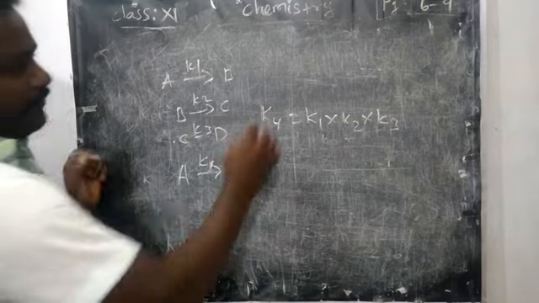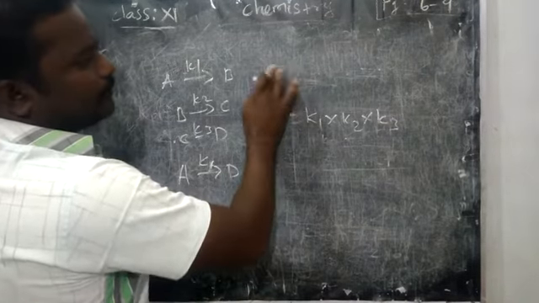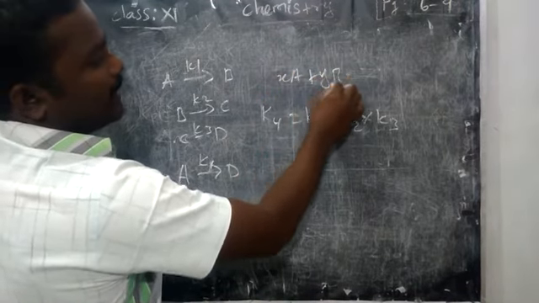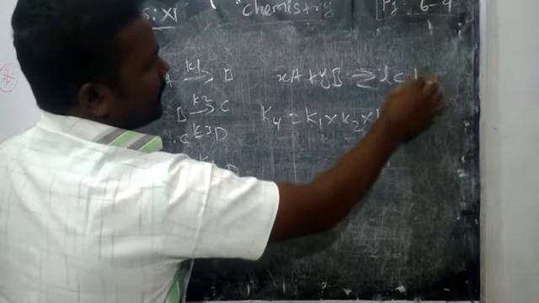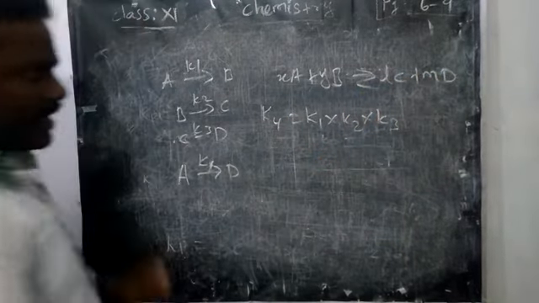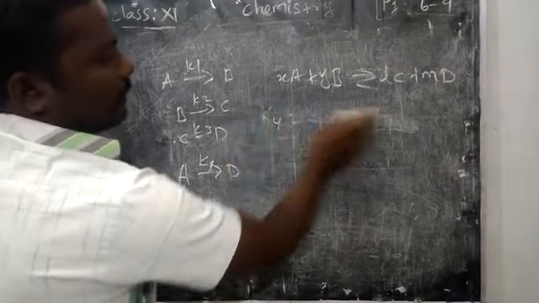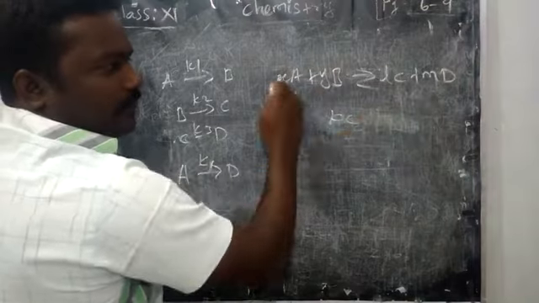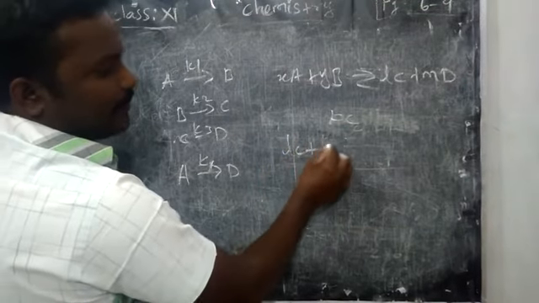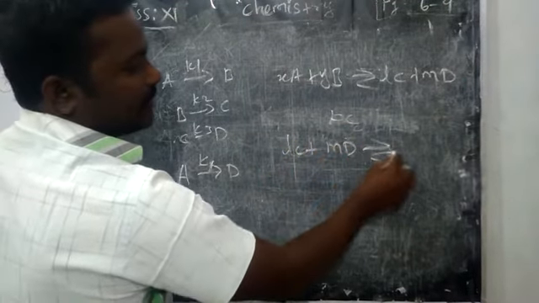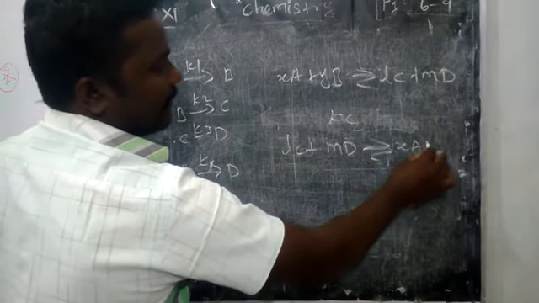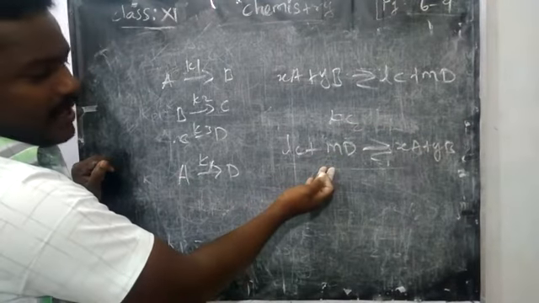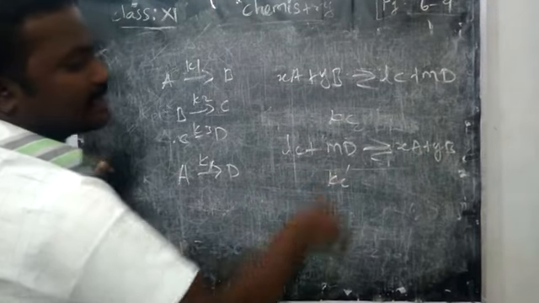Then for xA plus yB gives lC plus mD, for this reaction, how do you write Kc? We can write Kc. Suppose for the reverse reaction, lC plus mD gives xA plus yB, just opposite to this reaction, we can write Kc dash.